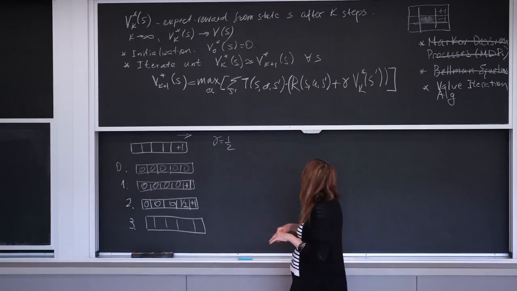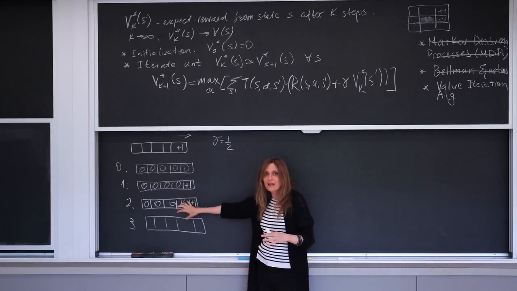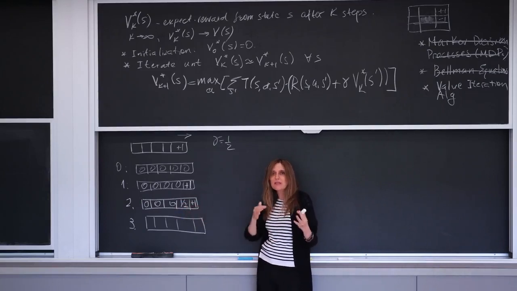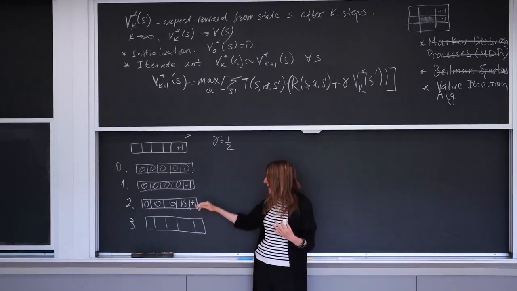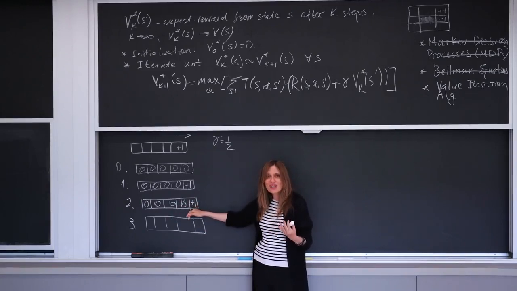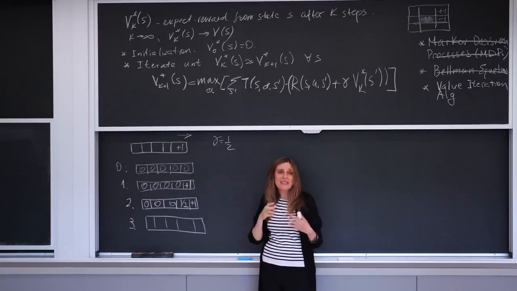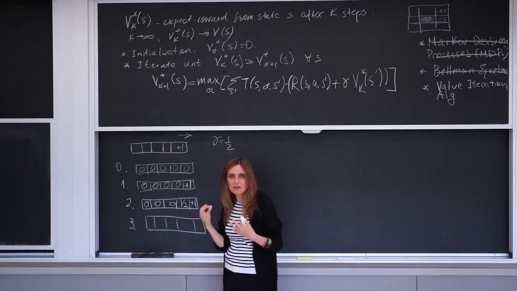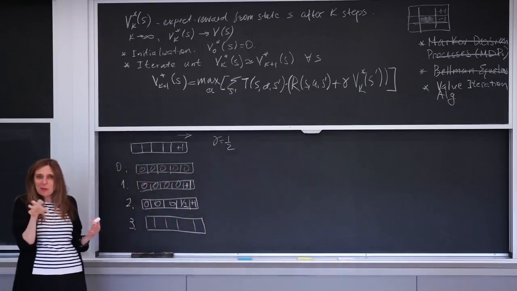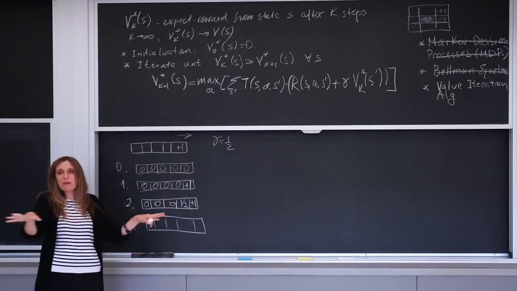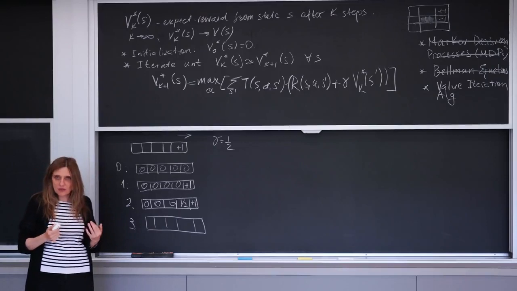That never happens in reality. In reality, we will see much more complex interaction between the values because you can go in different directions, so they will start really impacting each other. The fact that we stabilized here and it doesn't change is just a side effect of a very simple world that I designed for you, but it shows you the high-level intuition. We will start with the states where the big reward or punishment is allocated and they are going to propagate it all around, and we will continue until convergence.